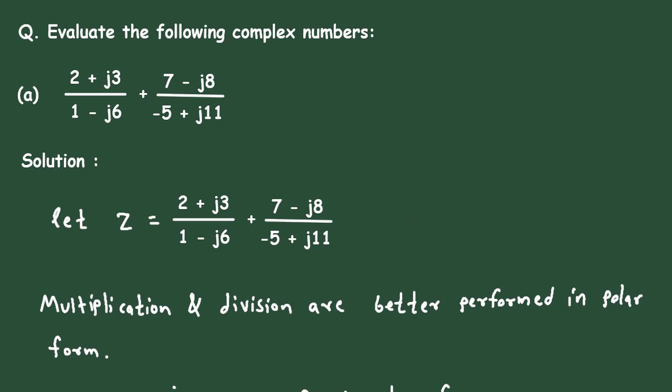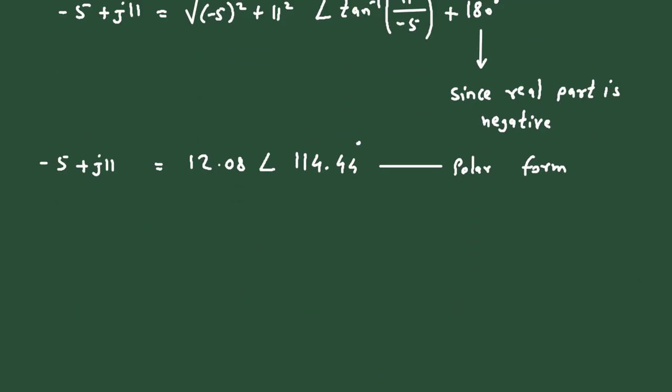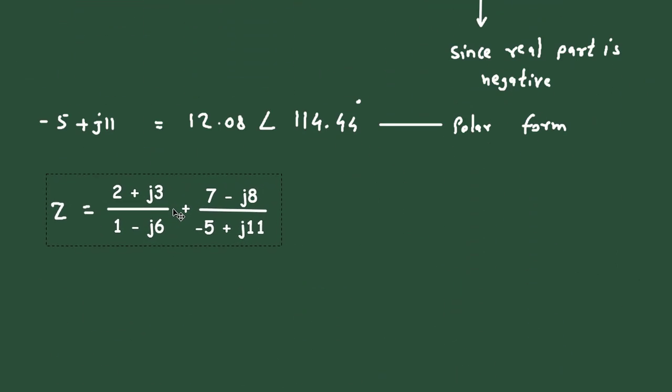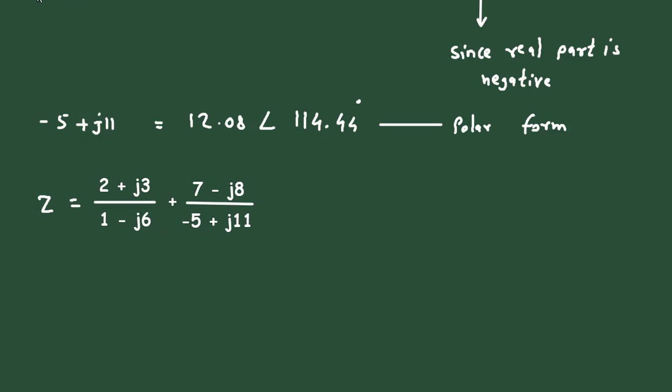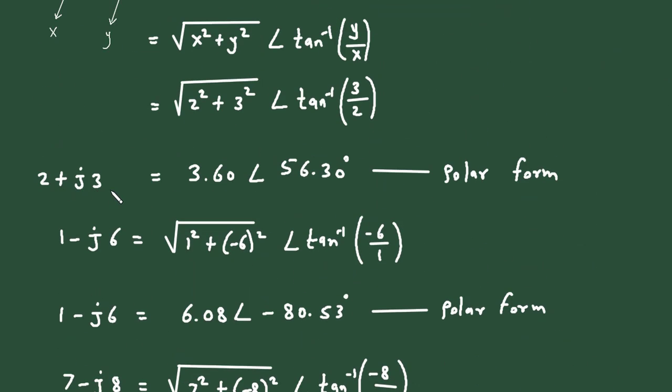Now we have got all the values in polar form. So this can be written as, we can replace this 2 plus j3 with 3.60 at its angle. Let's copy this from here directly.